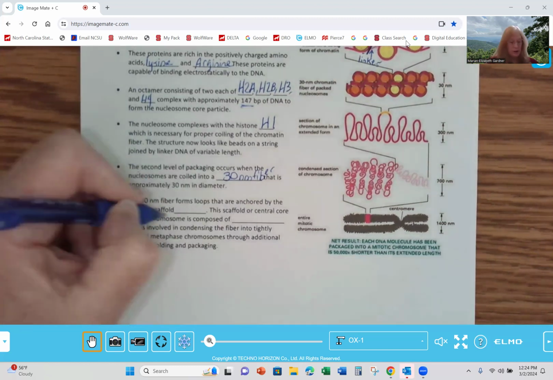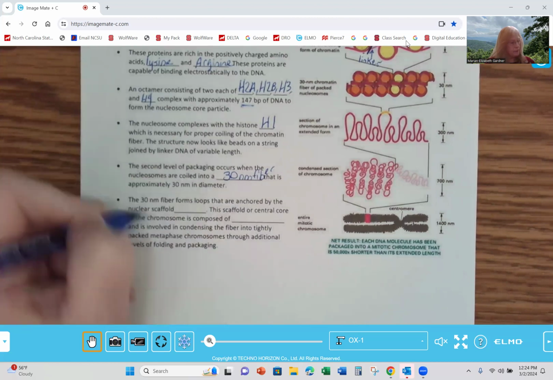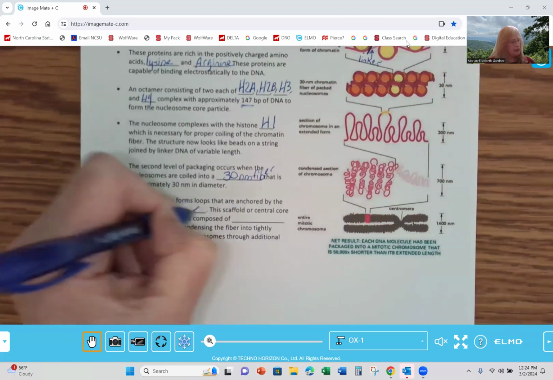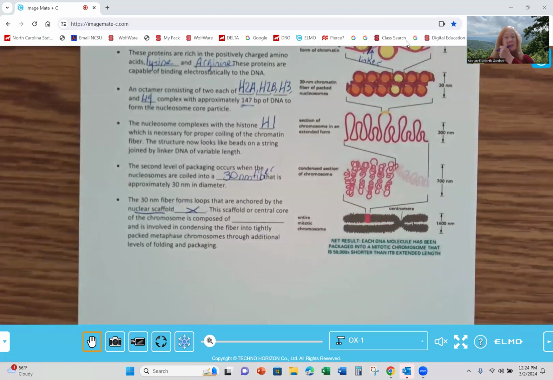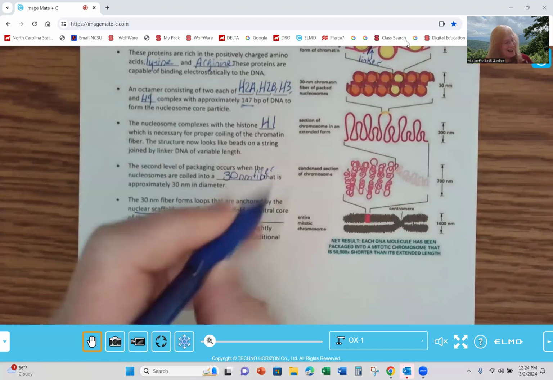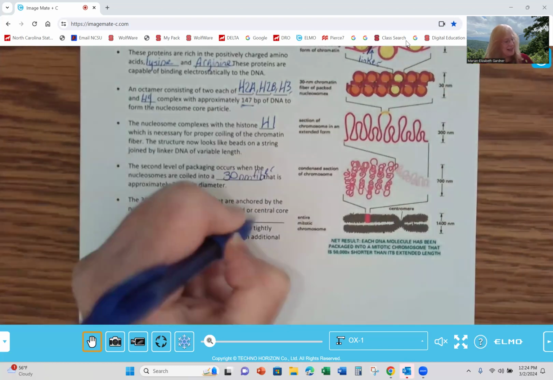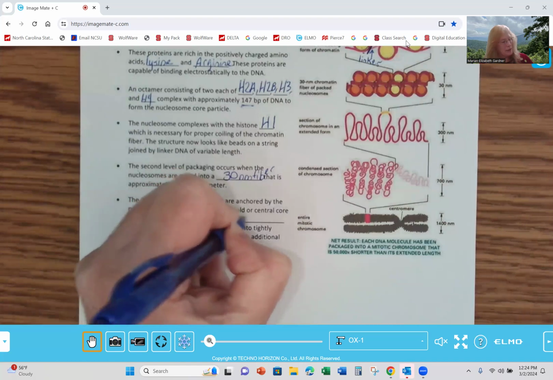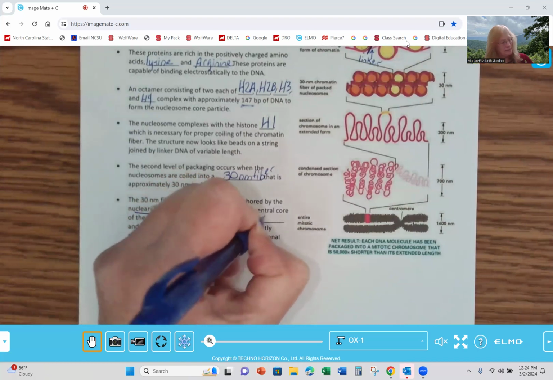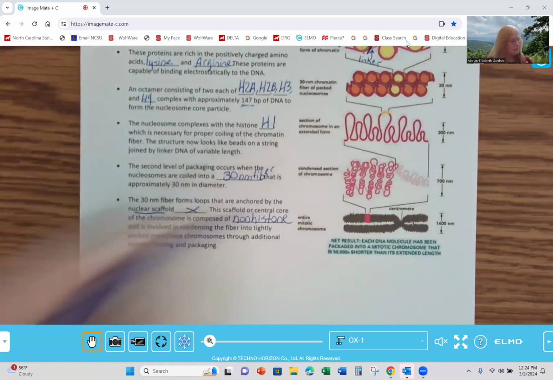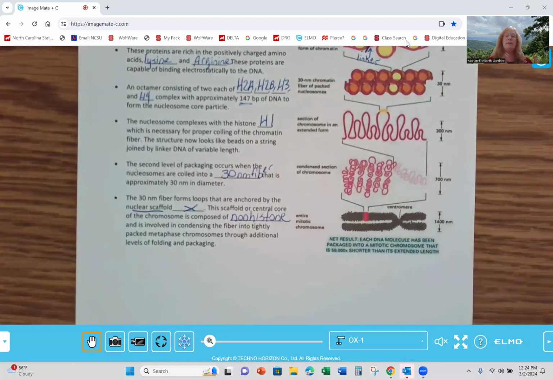I think nuclear scaffold was supposed to be my blank. And the scaffold is anchored by non-histone proteins, and that helps the fiber to condense into that metaphase chromosome.